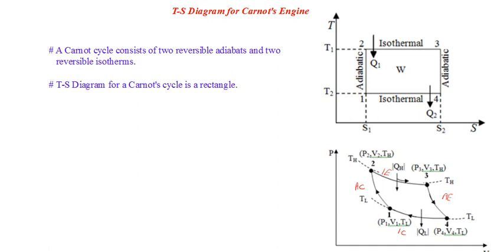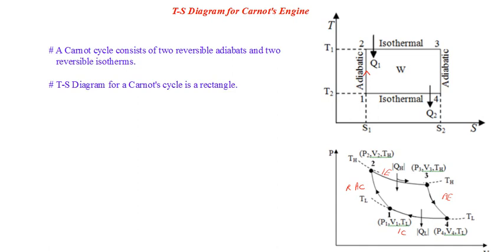Right? And if you are drawing the corresponding TS diagram, you can see that 1 to 2, which is reversible adiabatic compression, being isentropic in nature, is a vertical line parallel to the temperature axis.